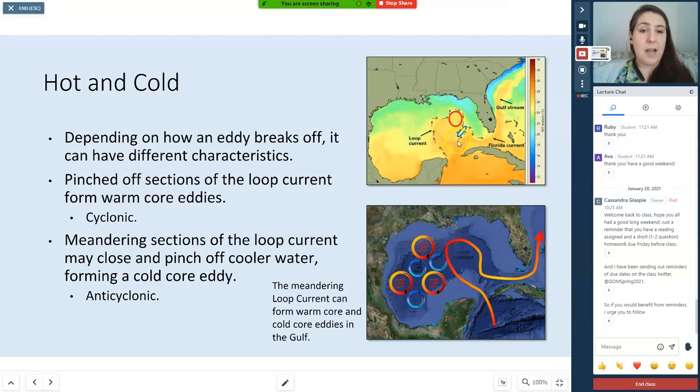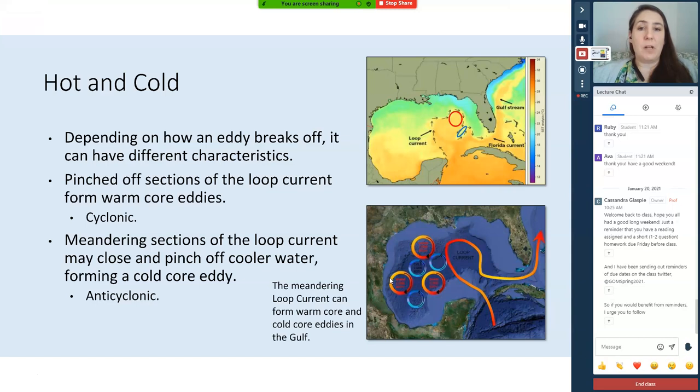And if you end up having an eddy that forms because a bit of cold water gets pinched off, so you see here the loop current is moving such that it might pinch off a little bit of cold water, then you would get a cold core eddy. And so these would move counterclockwise. So the loop current can form a whole bunch of these warm core and cold core eddies that will then drift around the Gulf of Mexico.